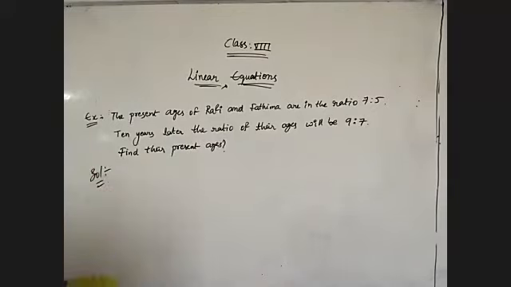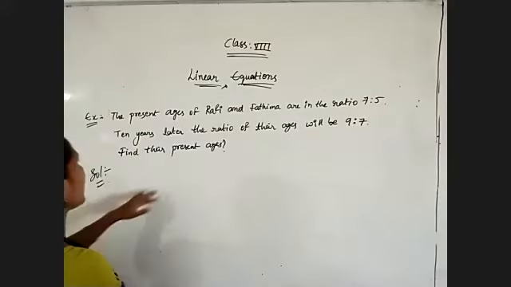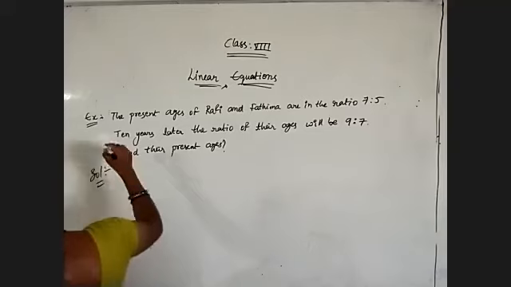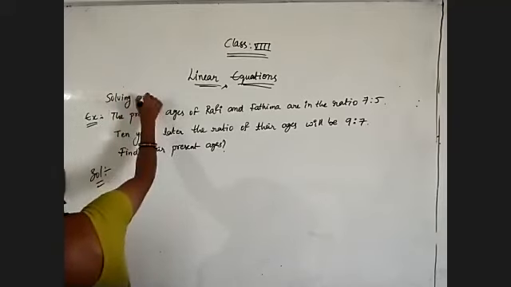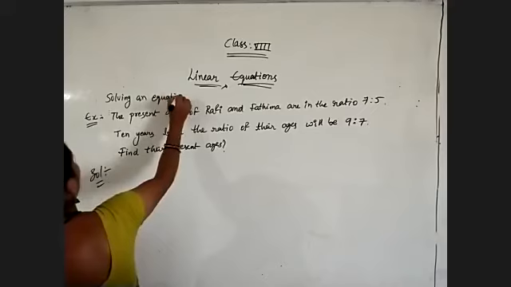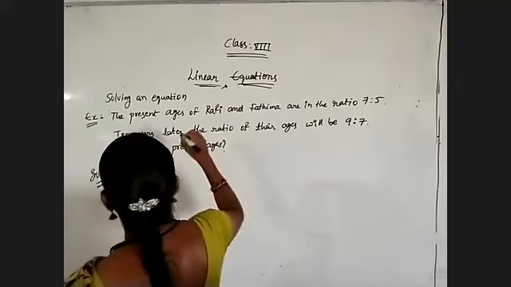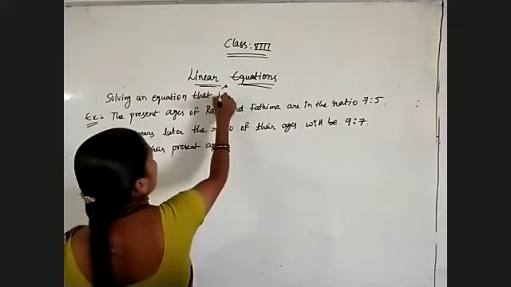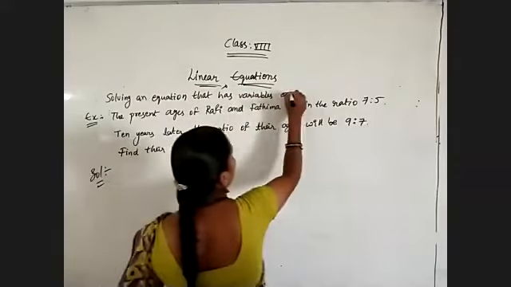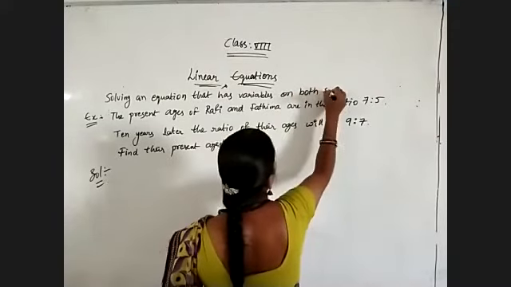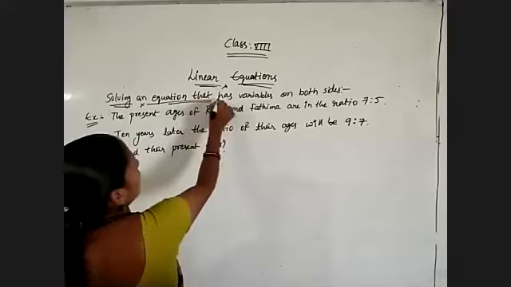Okay, for this, observe the question and how we are going to simplify this. Just observe why I am giving this example. Solving an equation that has variables on both sides. So on the LHS side you will get the variable and on the RHS side also you will get variables.